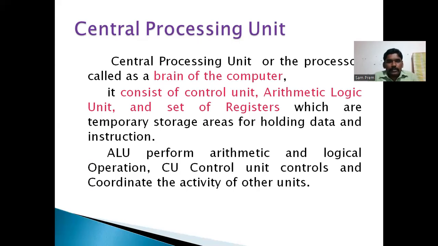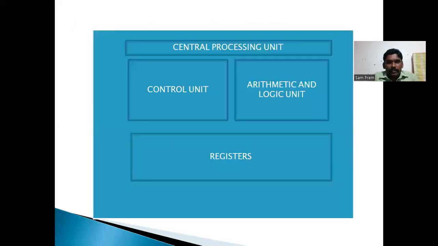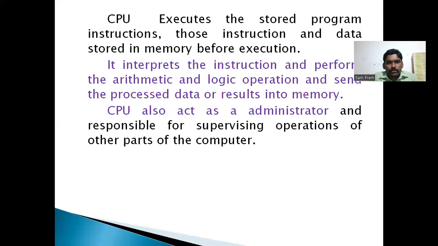Then we will see it in the diagram. We have the central processing unit diagram, with the control unit first, then the arithmetic and logical unit, and then the registers. So the CPU has these three parts. The CPU executes the stored program instructions. Those instructions and data are stored in memory before execution.